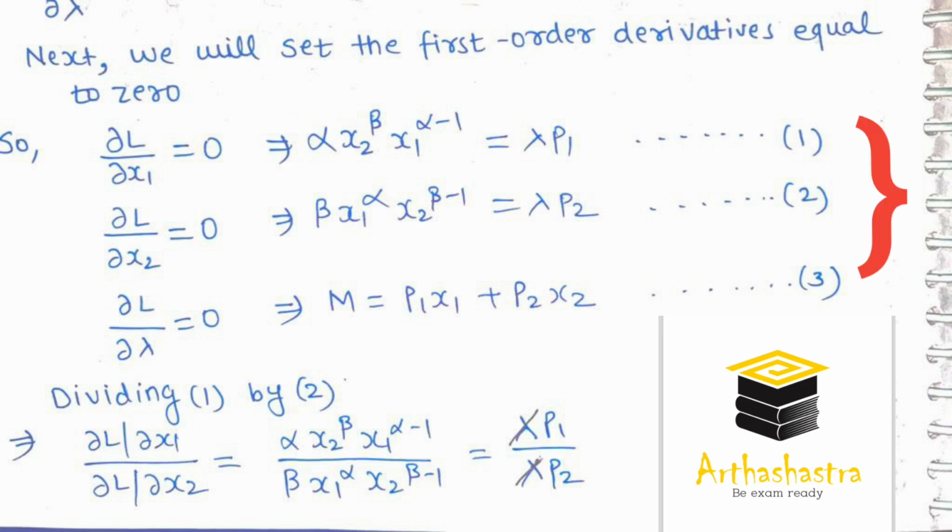We will start by solving for x1. To solve for x1, we divide equation 1 by equation 2.